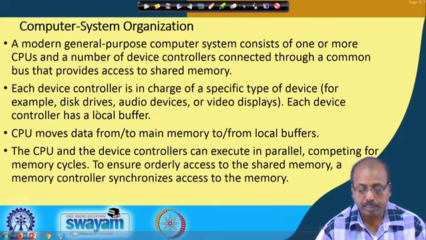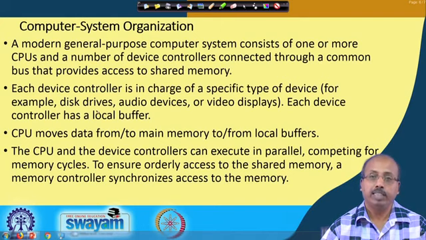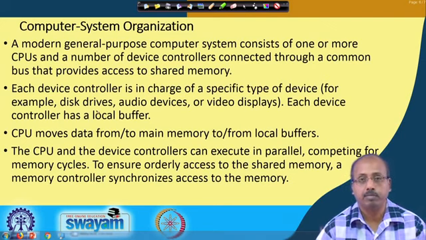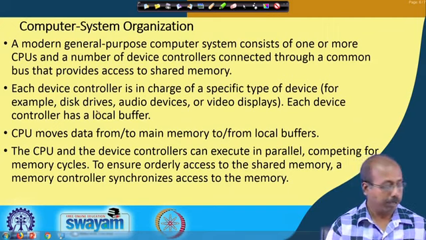To ensure orderly access of the shared memory, a memory controller has to synchronize the access to the memory. So, we need some sort of memory controller which will make this access pattern proper, so that it is not the case that one process requests a memory location's content and it is given to some other process. That should not happen. All these are controlled by the memory controller.